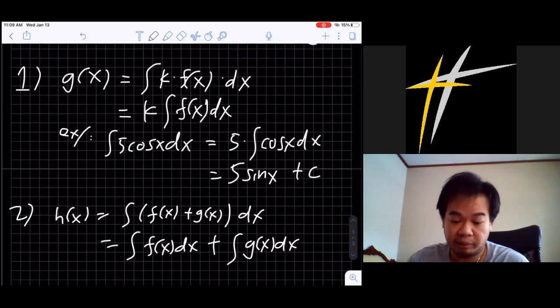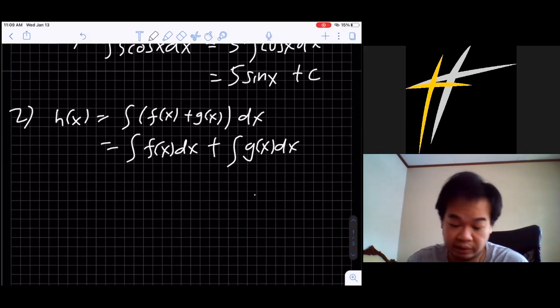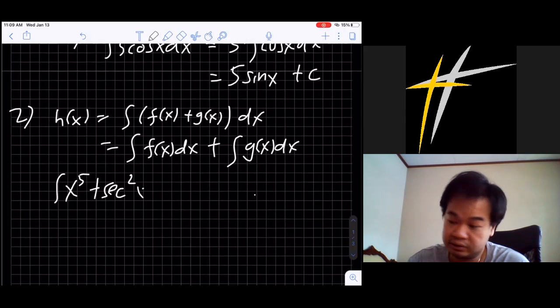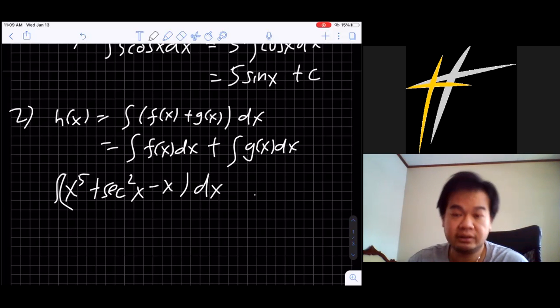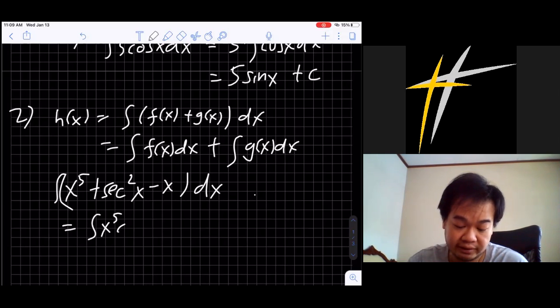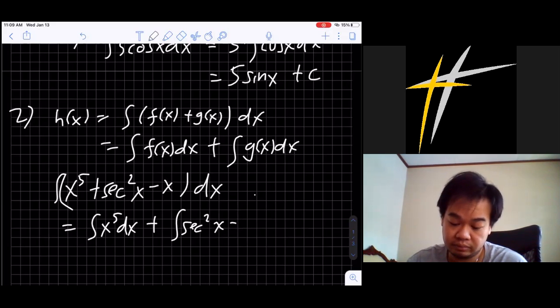The example given by your book is the integral of x power 5 plus secant square x minus x dx. This can be separated into the integral of x power 5 dx plus the integral of secant square x dx minus the integral of x dx.